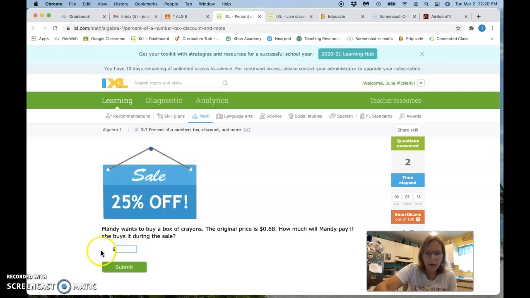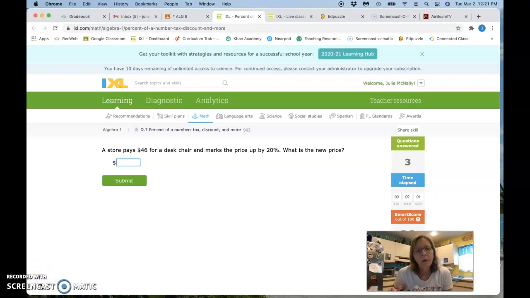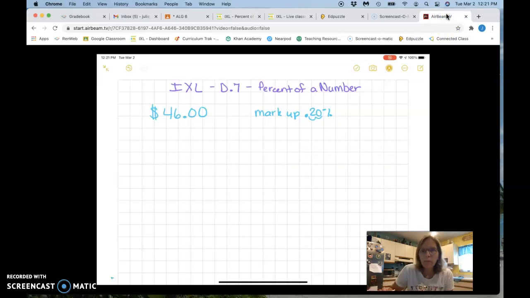Okay, I'm going to skip ahead and find some of the other types of problems. Now it says a store pays $46 for a desk chair and marks the price up by 20%. So when I have this problem, the first thing I'm going to do is move the decimal point 2 places to the left, because when I multiply by a percentage, I've got to move that decimal point 2 places to the left.